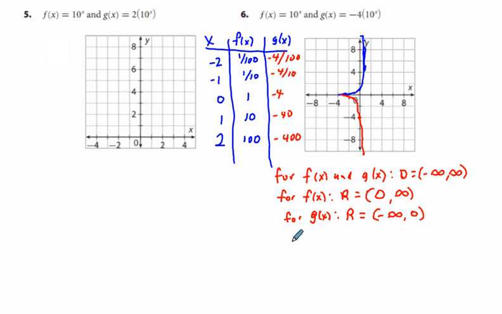And for f of x, the y-intercept, where x equals 0, is 1. For g of x, the y-intercept equals negative 4. So that would be number 6 worked out.